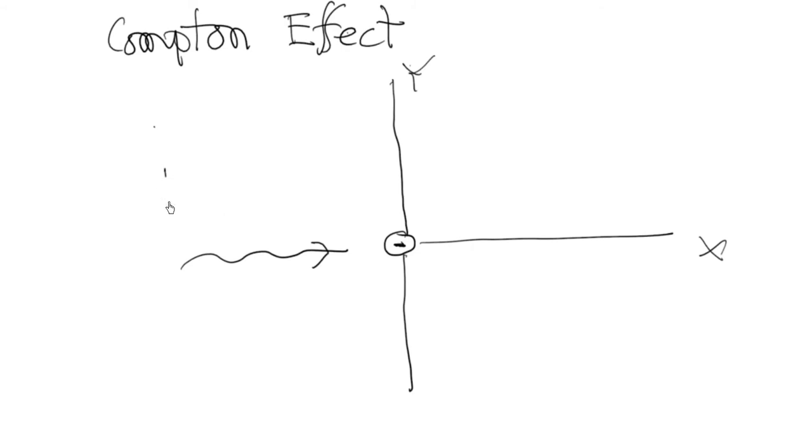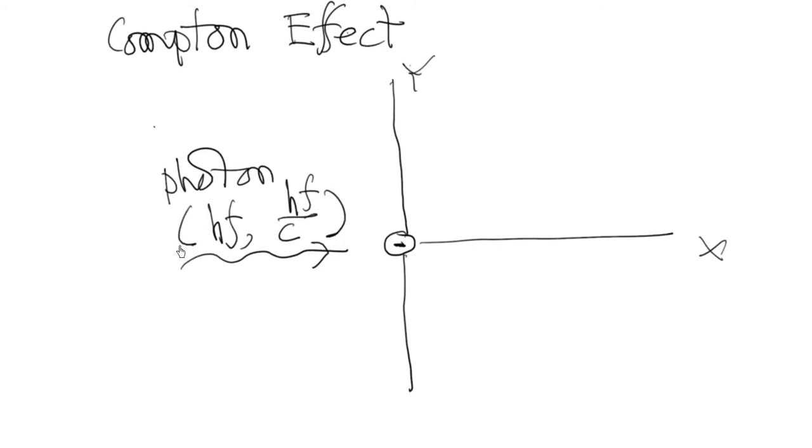A photon with energy hf and linear momentum hf by c is approaching towards the electron, and after the collision with the electron, the photon starts to move along this direction, and the electron will move along another direction.